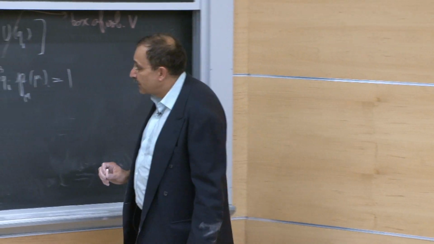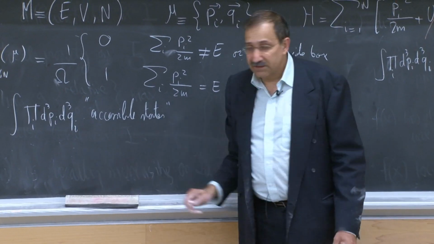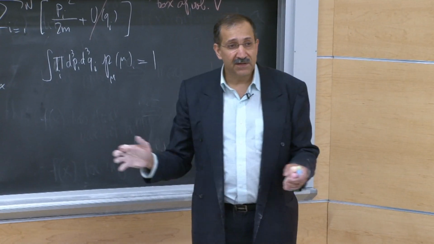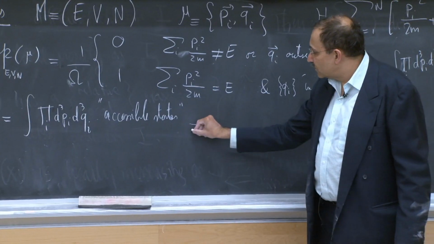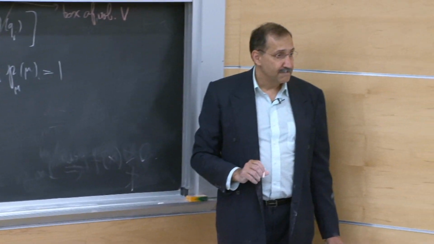Now, the part that corresponds to the q coordinates is actually very simple, because the q coordinates have to be inside the box. Each one of them has a volume V, so the coordinate part of the integral gives me V to the N.